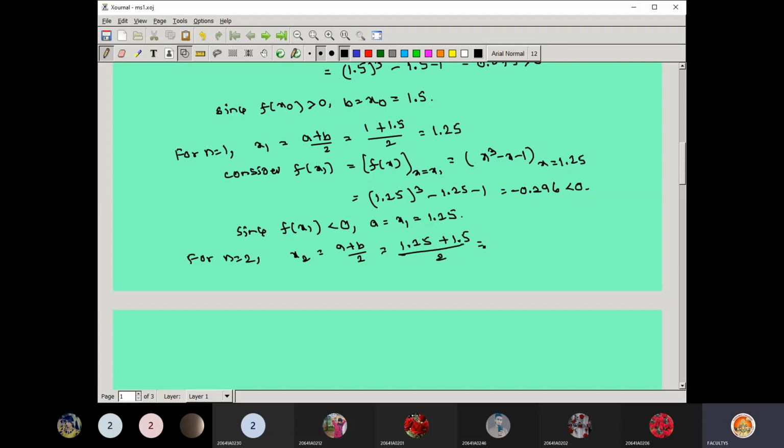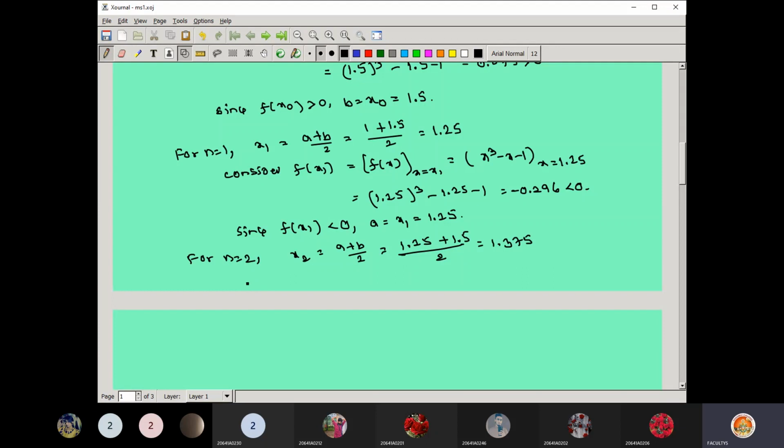So go to the answer 1.25 plus 1.5 divided by 2. Answer is 1.375. Is it correct? 1.375, correct?